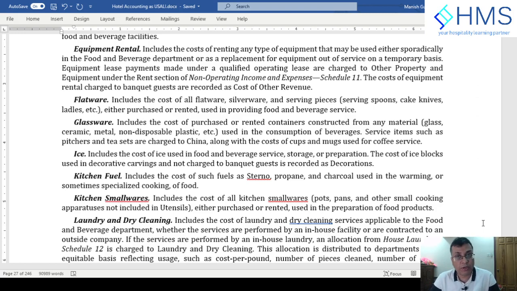It may be purchased or it may be rental. It may be made from silver, stainless steel, bamboo, or wood. So all the cost will be going to flatware. But it needs to be the serving spoons and the cake knife, or forks and spoons, those things.